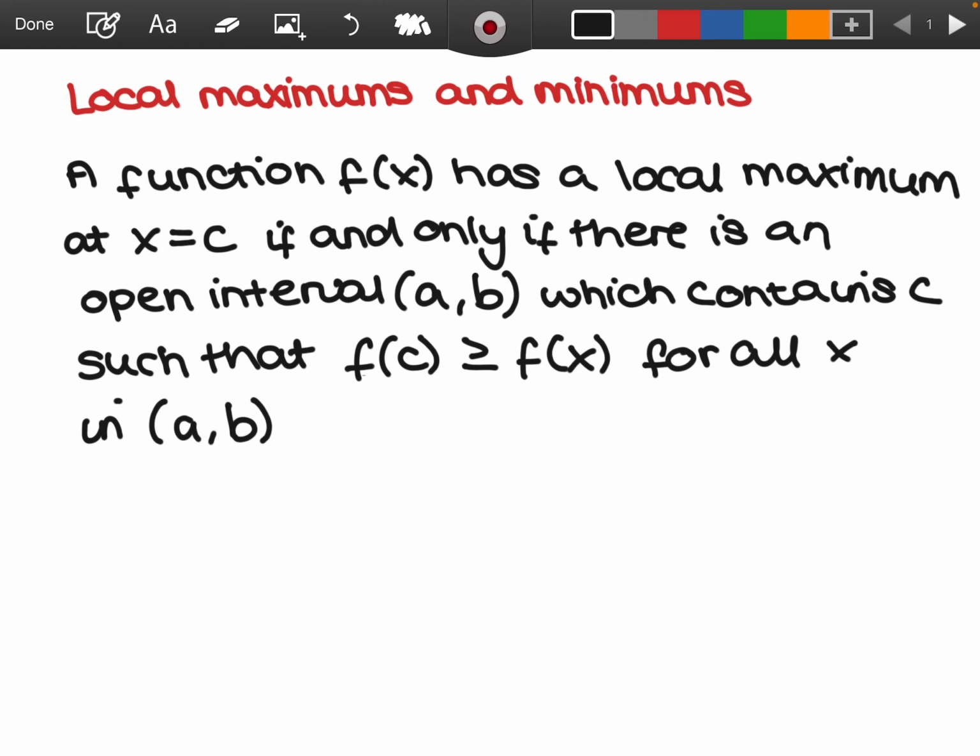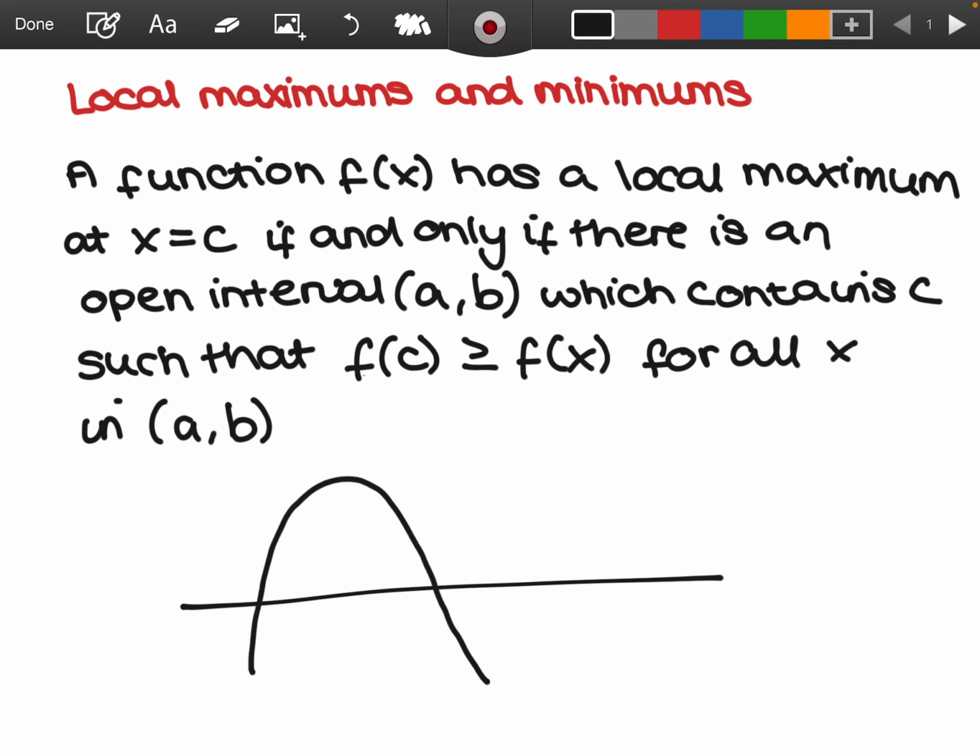So let's think about what this means. There is a particular x value, x is equal to c, such that the function value, the y coordinate, at that particular x value is greater than any other function value for any x coordinate around it. So if you look at it on a graph, you will probably see something like this. And you will get a point where you hit a maximum.